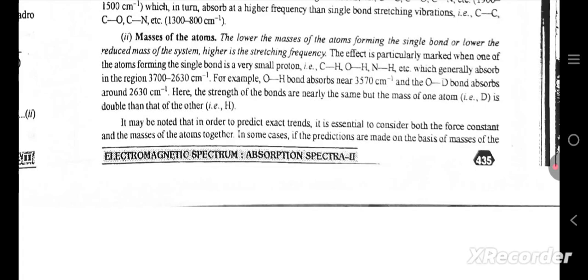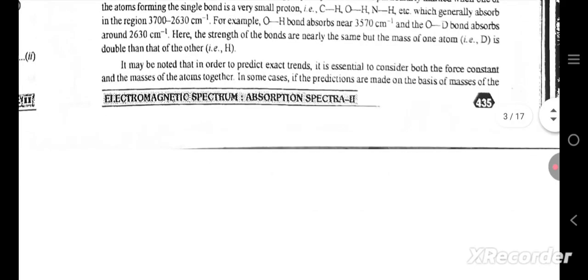For example, OH bond absorbs near 3570 cm and the OD bond absorbs around 2630 cm. Here the strength of the bonds are nearly the same, but the mass of one atom is double that of the other.